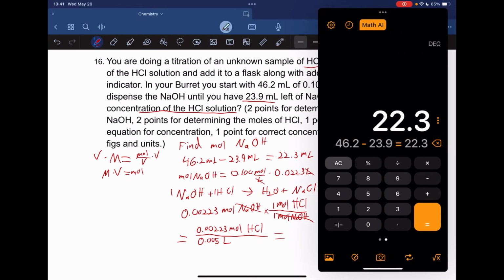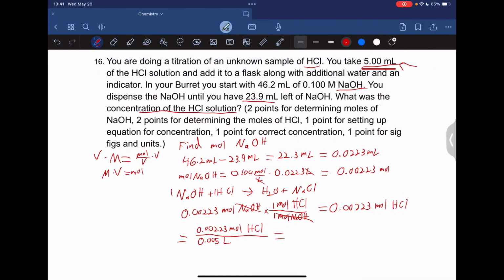Let's plug that in the calculator. 0.00223 divided by 0.005, and what we get is 0.446 molar, so moles per liter. All the numbers we worked with have had at least 3 sig figs, so we're going to keep it 3 sig figs, and there's our answer.